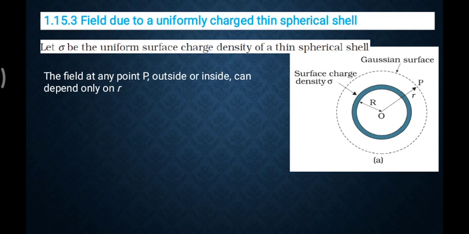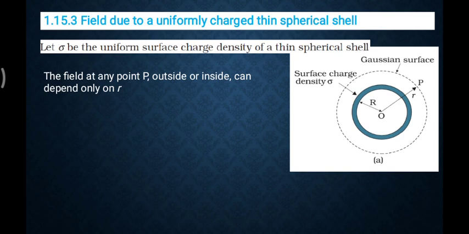Somewhere outside the soap bubble you choose a point P. Through the point P, at its particular radius from the center, you have an imaginary sphere, which is nothing but the Gaussian surface.